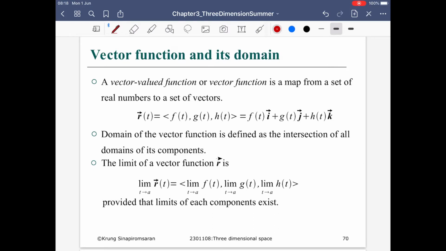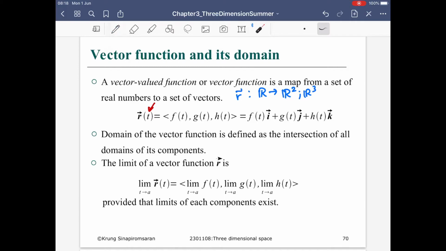Of course, because it is a function, there is the so-called domain, or the input. A vector value function, or vector function, is a map from the set of real numbers to a set of vectors. In math we write it this way: r from R to R2 or R3, depending on how many dimensions we are talking about.